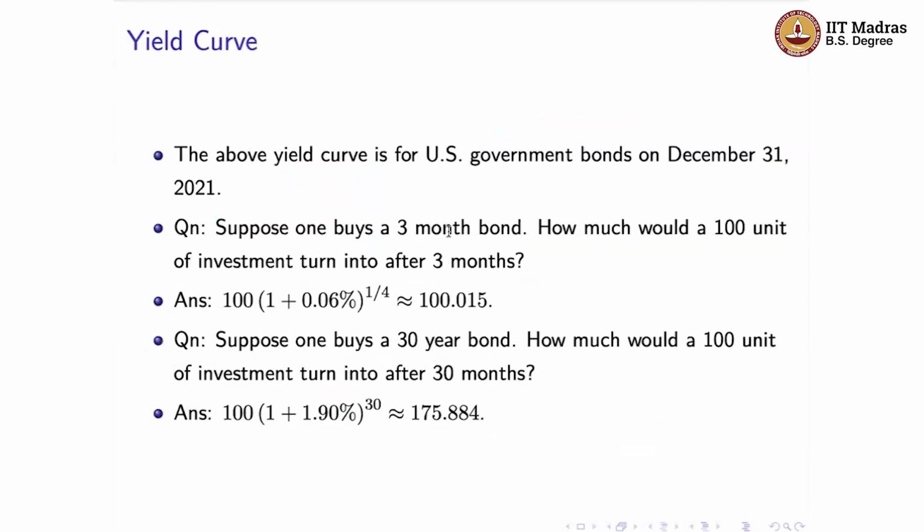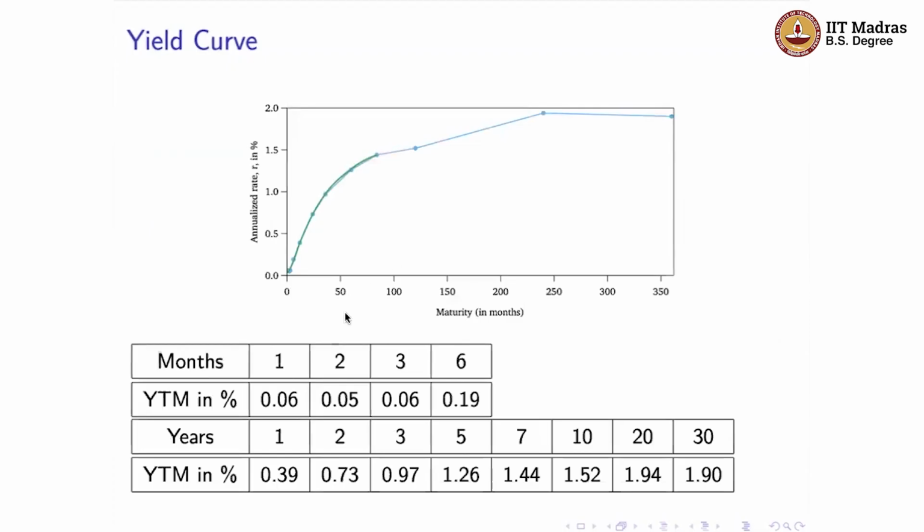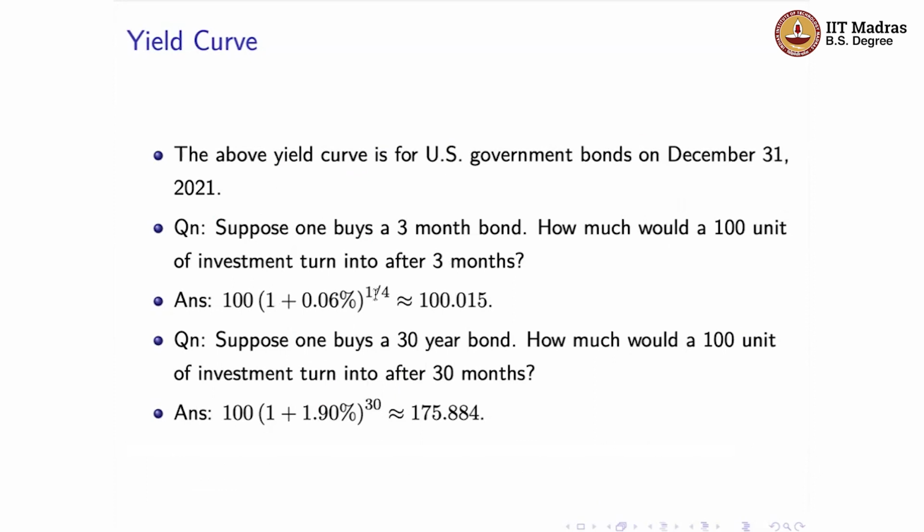Now we are going to buy this and we want to figure out how much this is going to translate into after 3 months. So 1 unit of investment here would have translated into 1 plus 0.06%. This is the annualized rate for the 3 months that we had in this table, remember? And then you need to take the power 1 by 4, right?